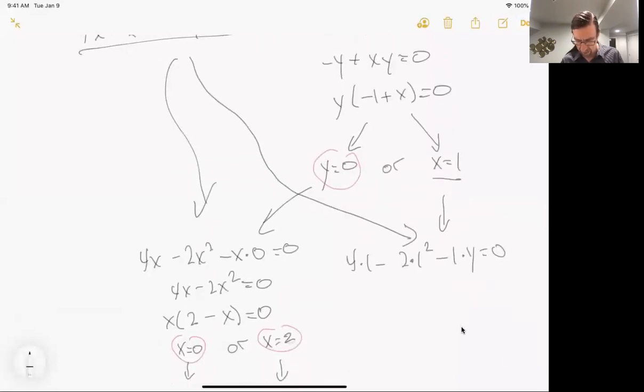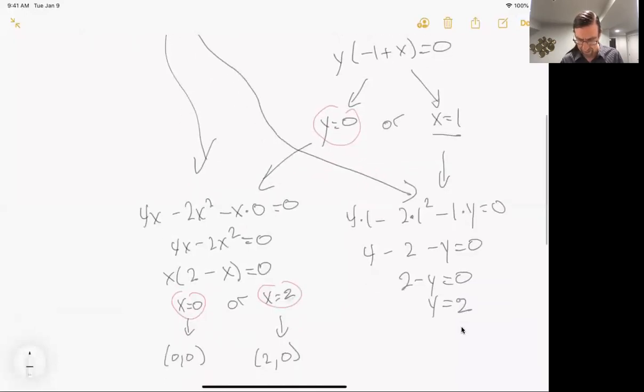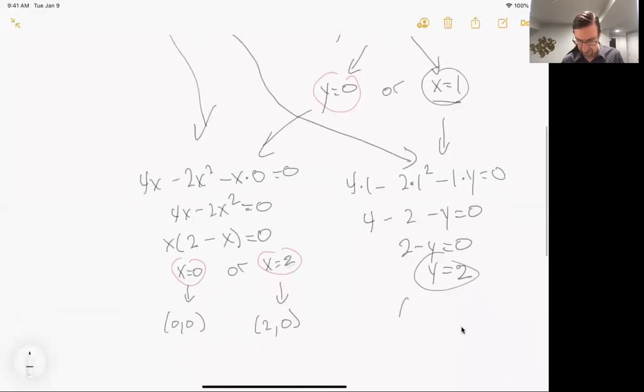Okay, simplify. It's 4 minus 2 minus y equals 0. 2 minus y equals 0. Y equals 2, right? So now we're in the situation where x equals 1 and y equals 2. And that gives us the equilibrium point 1 comma 2. Okay, so we found 3 equilibrium points: 0, 0; 2, 0; and 1 comma 2.